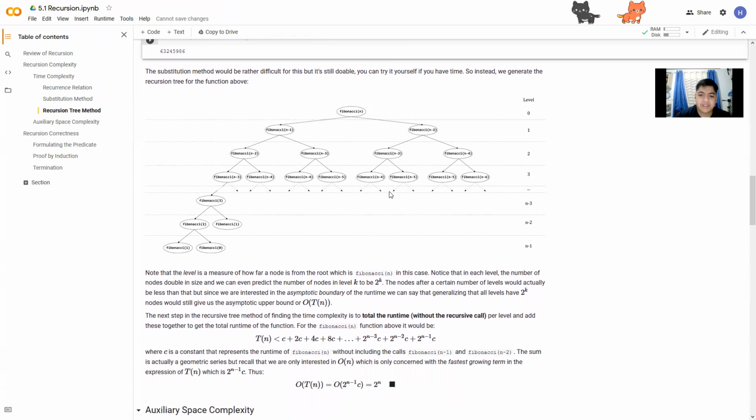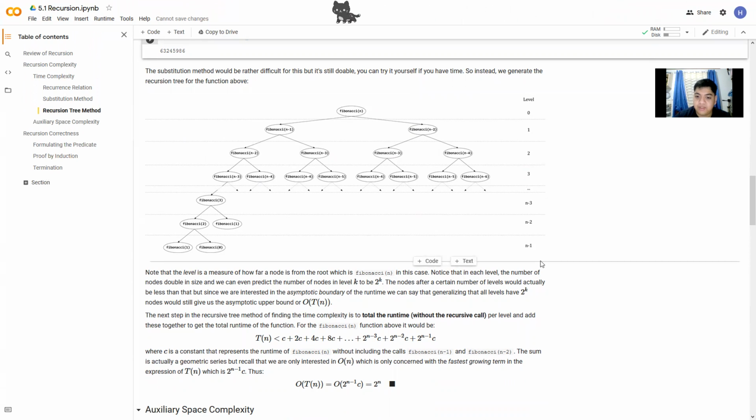So for the recursion tree method, what we do here is we get the sum of the runtimes per level and then add the runtimes of all the levels together to get the total running time.